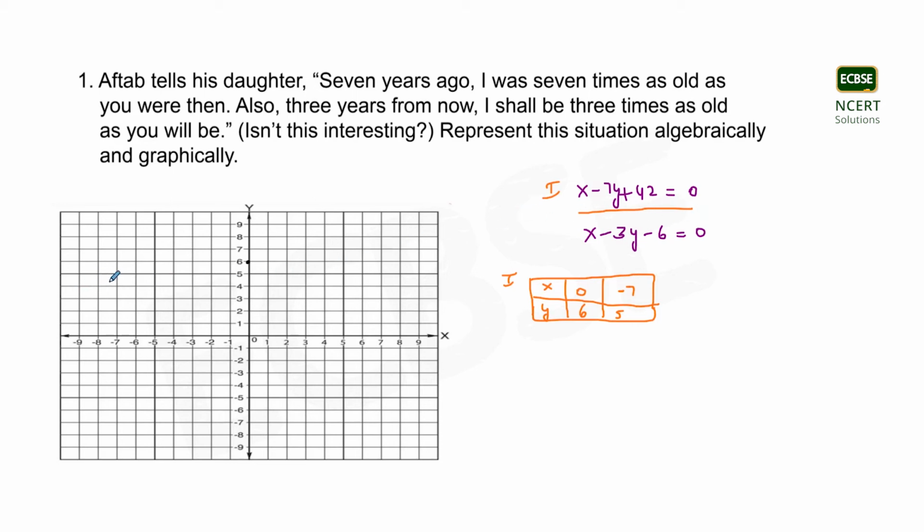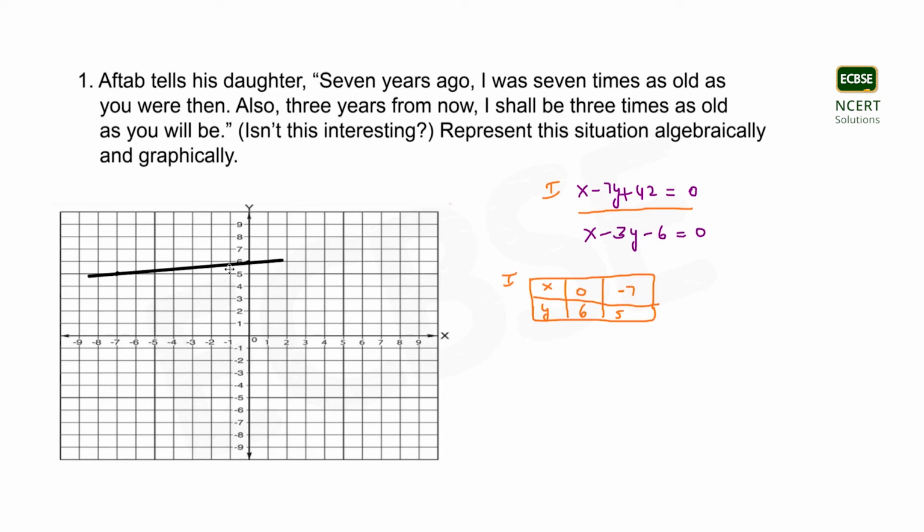So now the next step is to join the two points marked by this black dot. Joining these two points, this point and this point, we will be obtaining a line, right?